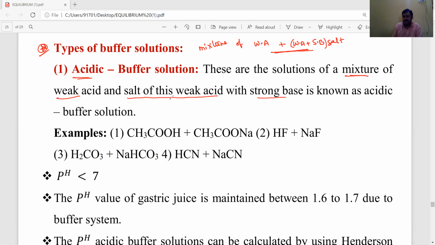What kind of salt? Weak acid, strong base salt. This mixture solution is known as an acidic buffer solution.